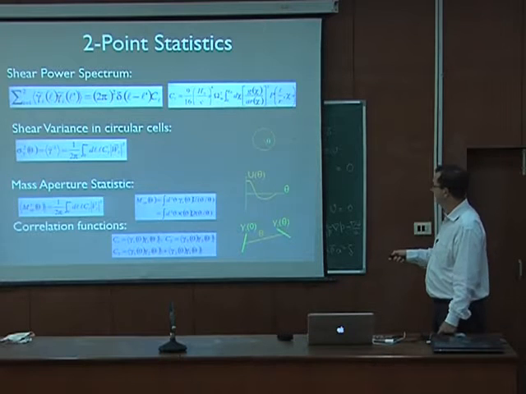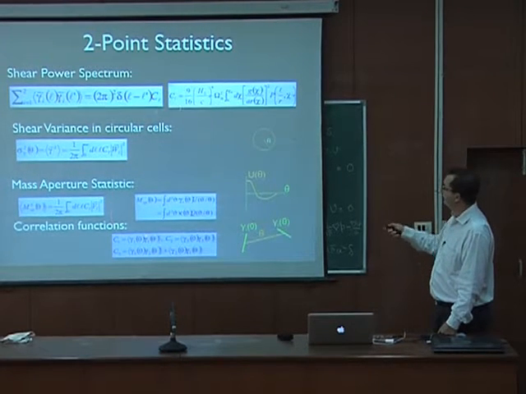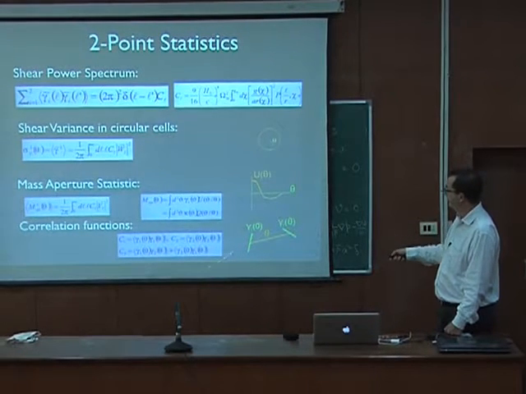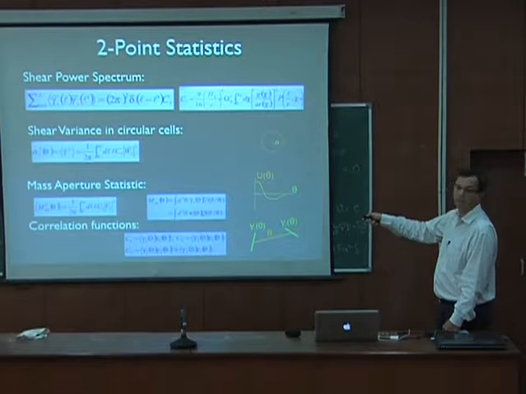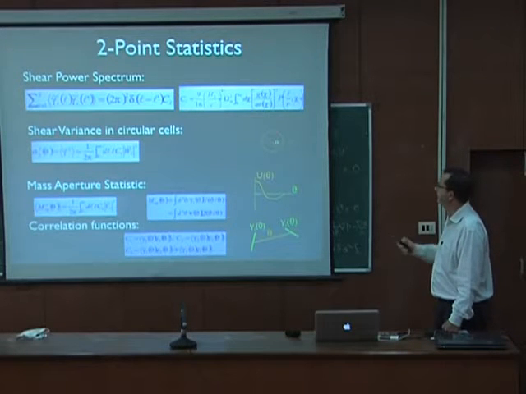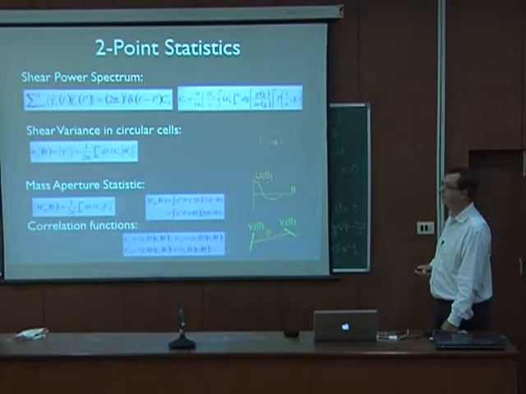And it turns out that this is the correlation function in real space. This is, in some sense, the correlation function in Fourier space that we call the power spectrum. It turns out there's a very nice relation between the power spectrum and the correlation function.